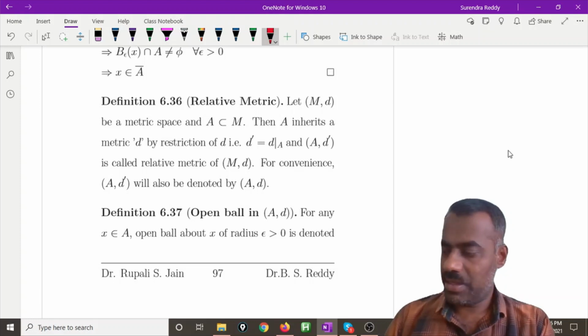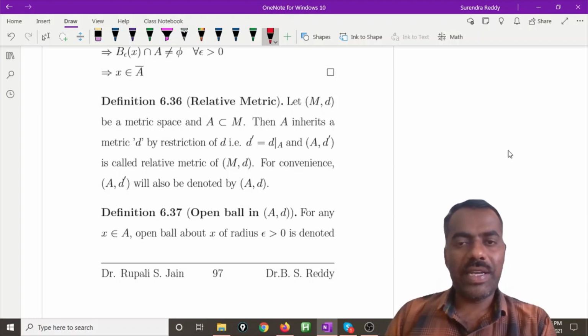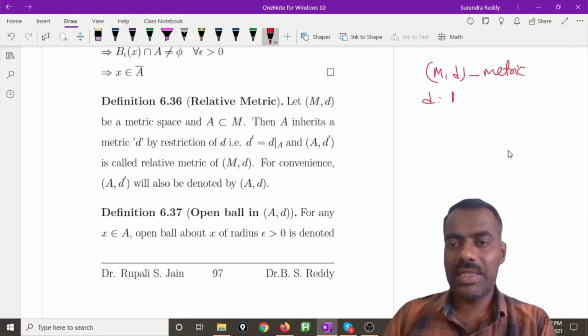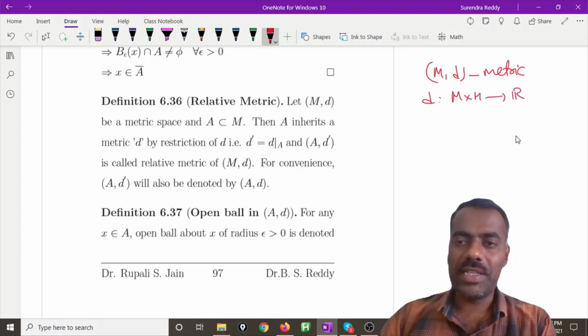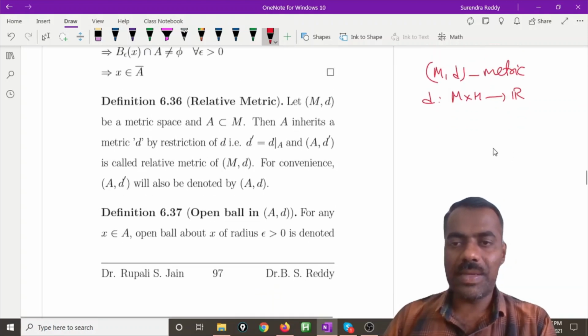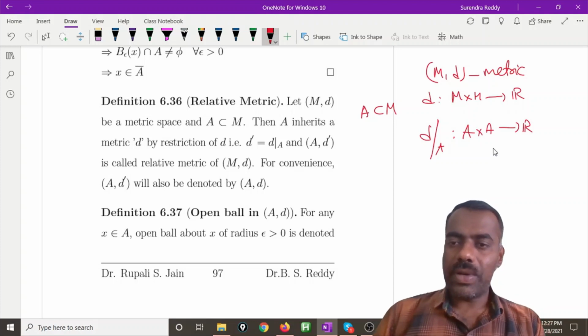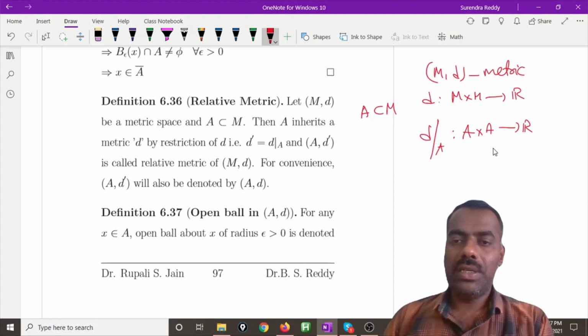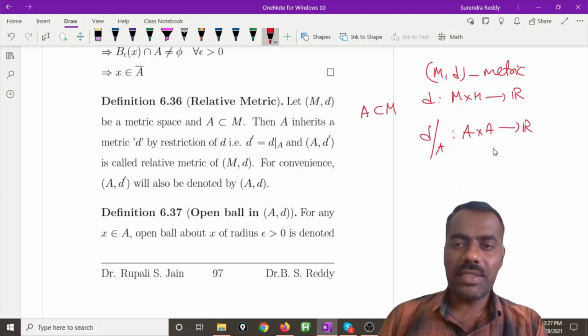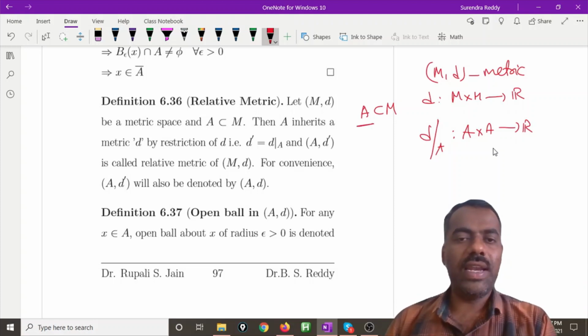Now this is something about a relative metric, which we just define and will use whenever it comes up later. What is a relative metric? You take (M, d) a metric space. What is meant by saying that? d maps from M cross M to R, or [0, infinity), satisfying some conditions. Now you take A, which is a subset of M. Then d you can restrict to A, that means A cross A to R. If you consider this map, then obviously we get a metric on A. That we will call a relative metric.